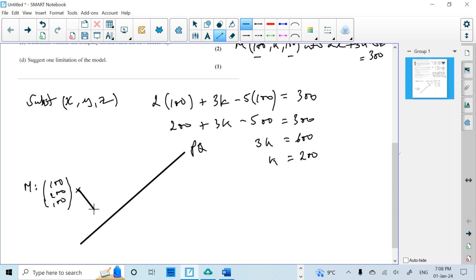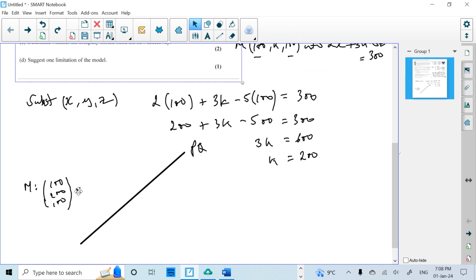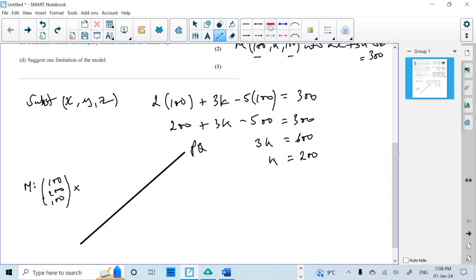I don't want it in black, I want it in a different color. Let's have red. Oh no, that's too thick. Let's go back. I'm conscious of time here. Okay, that's probably better, because it's a big question. Let's go again.